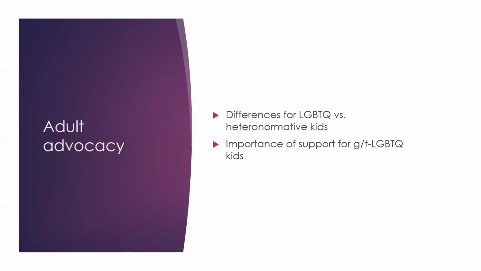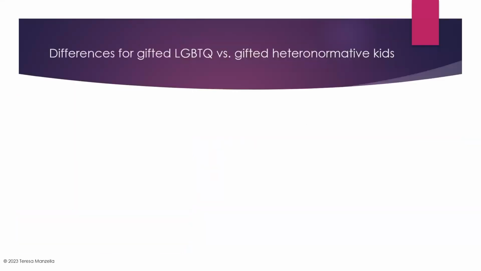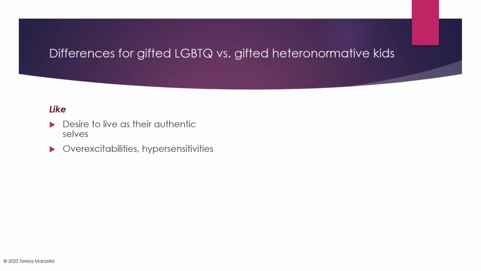So we see differences for students who are gifted and straight versus kids who are gifted and queer. There are several ways that they are very much alike. They want to be their authentic selves. They may experience overexcitabilities and hypersensitivities.